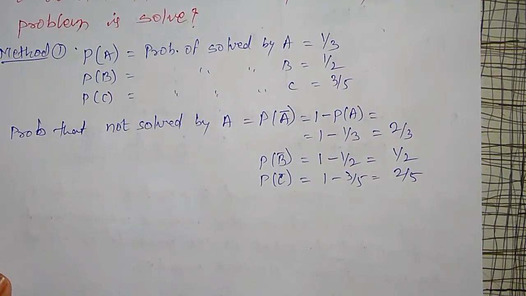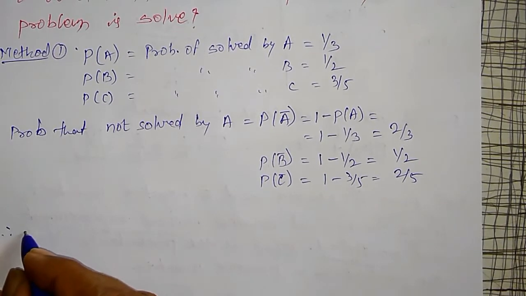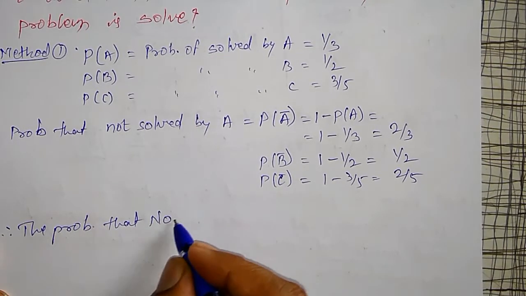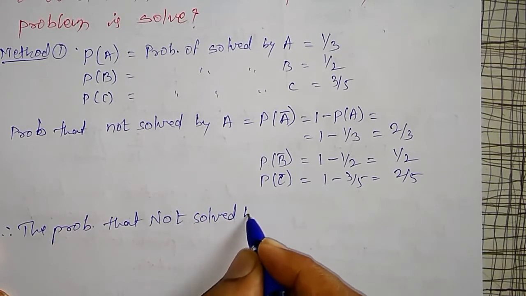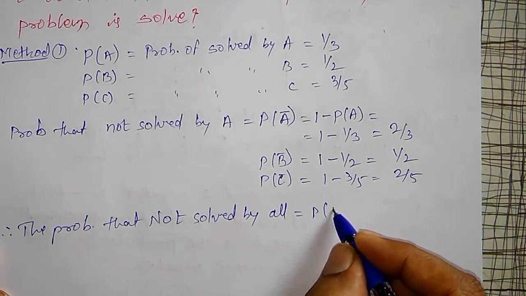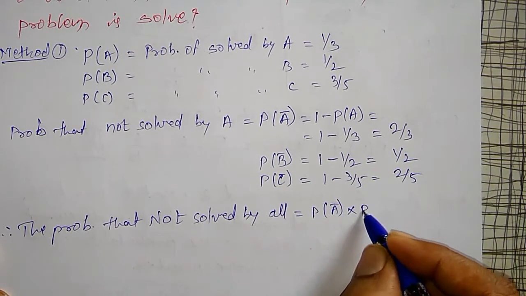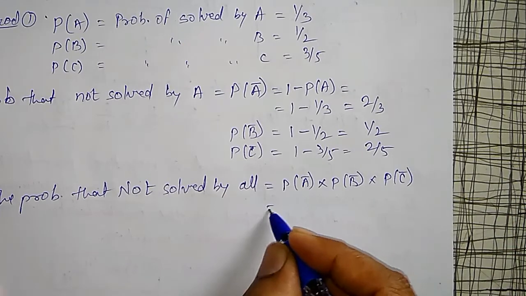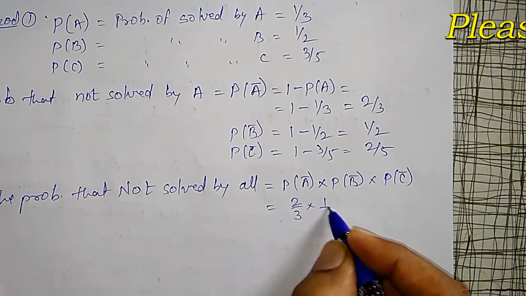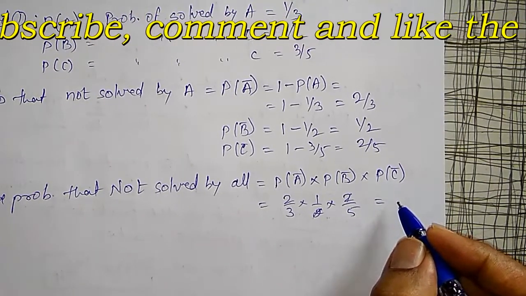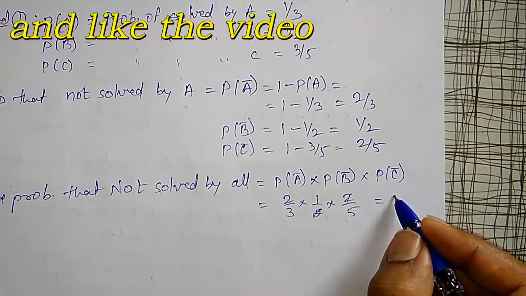These are not solved. Therefore, using the multiplication rule, the probability that not solved by anyone, not solved by all, is equal to probability of A bar, not solved by A and not solved by B and not solved by C, is equal to 2 by 3 into 1 by 2 into 2 by 5, which is equal to 2 by 15.